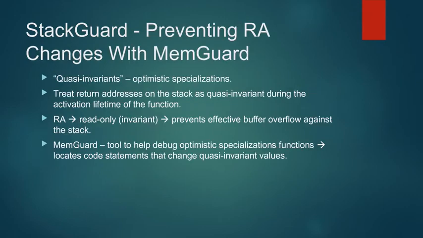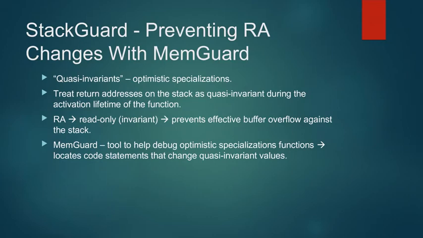Preventing changes to the return address: bounds checking. This is the more secure and ultimate way to eliminate buffer overflows, but the peculiarity of the C language makes it difficult to provide fully secure array bounds without significant impact on performance. StackGuard uses MemGuard, a tool which provides memory protection in such a way that individual words of memory can be designated as read-only, except when explicitly written via its API.